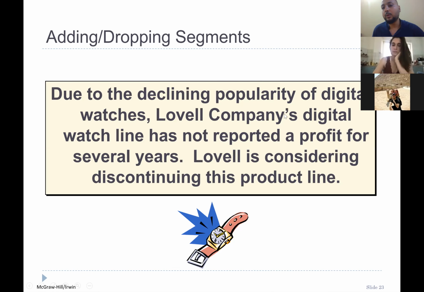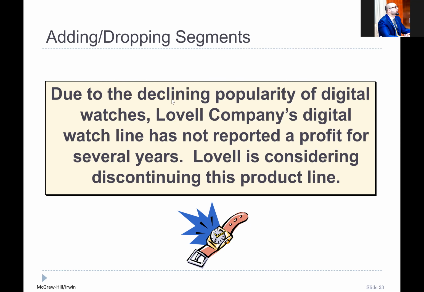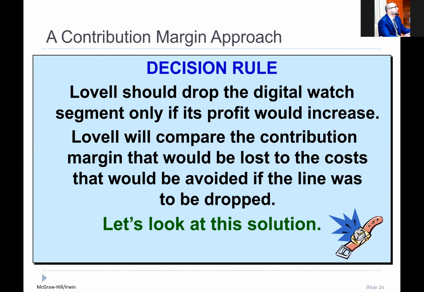We will see an example here. Due to declining popularity of digital watches, Lowell Company's digital watch line has not reported a profit for several years. Lowell is considering discontinuing this product line. What is the decision rule?